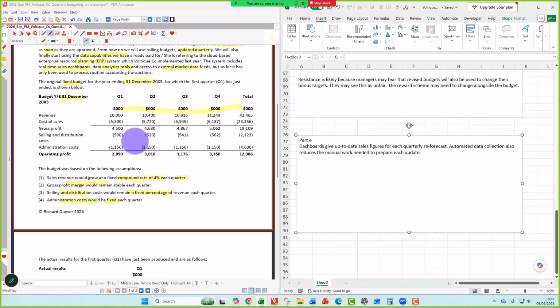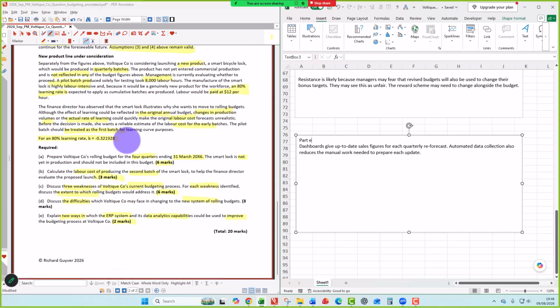So I'm just going to turn those around back into my answer. Dashboards give up-to-date sales figures for each quarterly reforecast. Automated data collection also reduces the manual work needed to prepare each update. That's how the analytics capabilities could be used to improve the budgeting process. I've captured both elements of that.